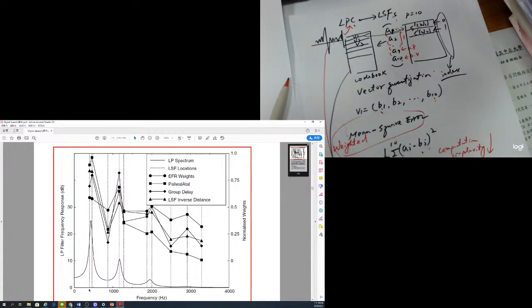So you calculate your line spectrum frequency coefficients. This one is more like your original signal envelope shape here. So this is the linear prediction spectrum here, and our line spectrum frequency location is more like here.